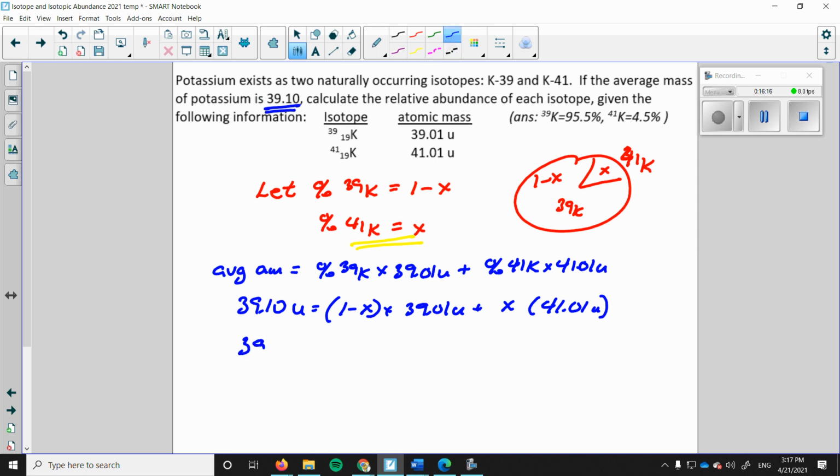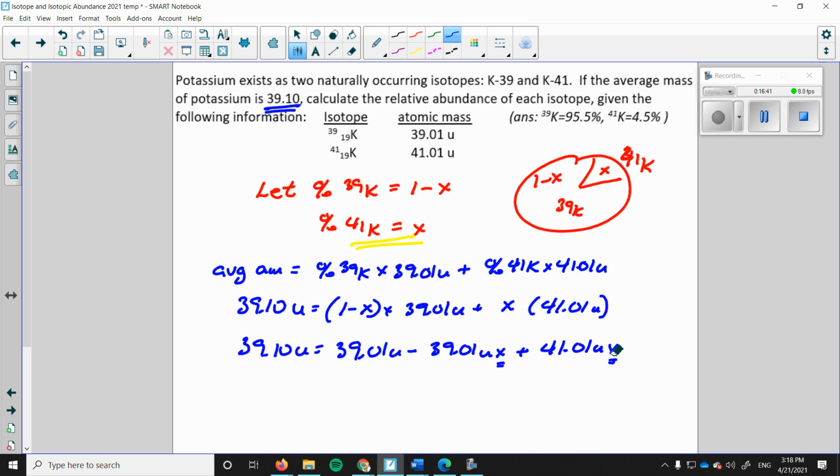So I have 39.10. Here you have to be careful, you have to use distributive properties. So we're going to have 39.01 atomic mass units minus 39.01 uX, don't forget about that, plus 41.01 uX.